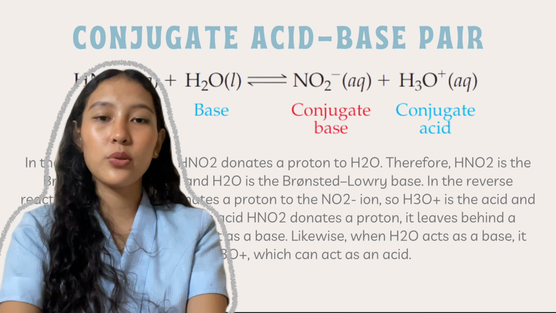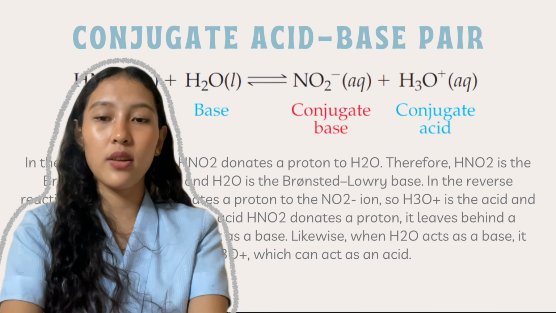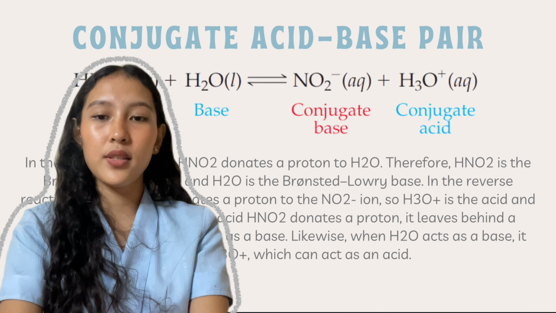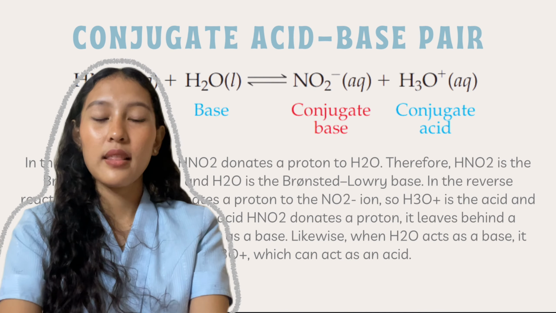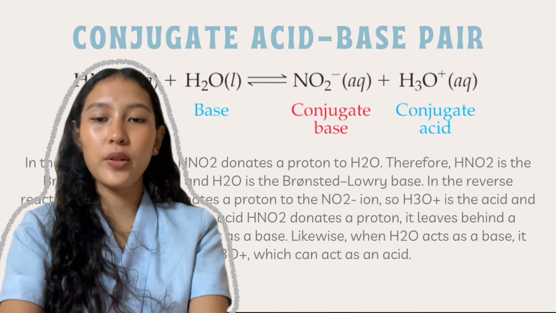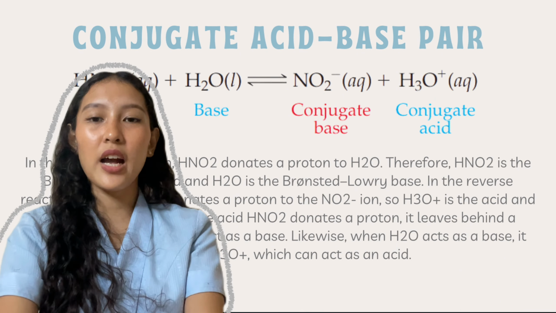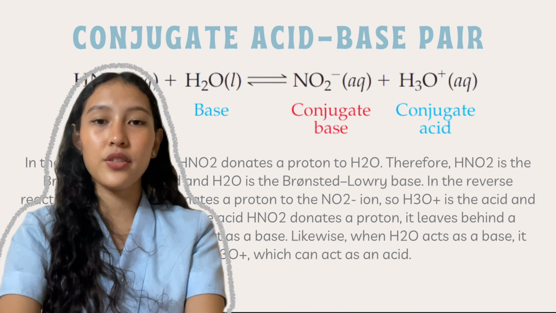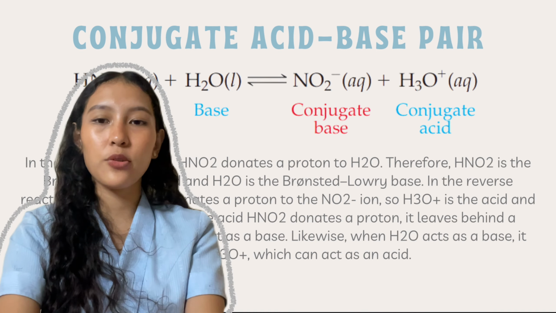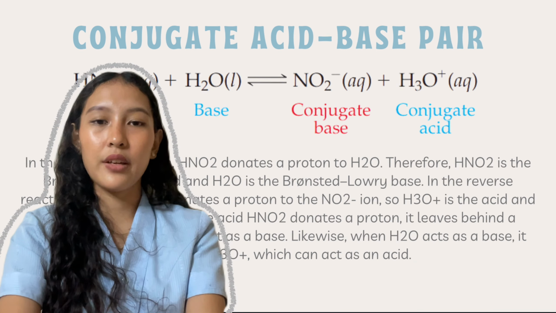Meanwhile, NO2 negative acts as the Bronsted-Lowry base since it accepts the proton. Now, this reaction will lead back to the forming of HNO2 and water, H2O. The reverse reaction can be summarized as H3O positive plus NO2 negative yields HNO2 plus H2O.